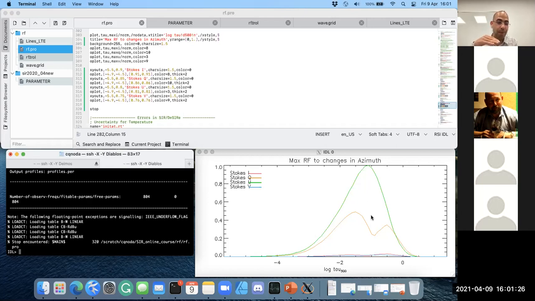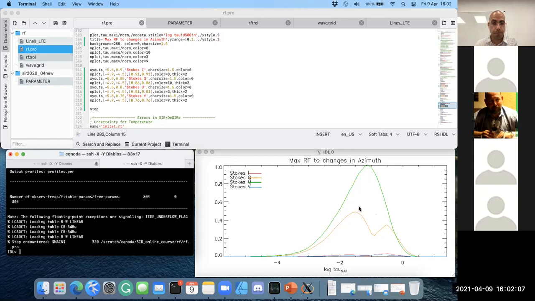Someone could ask why you need Q and U, but now you see that if you are checking the sensitivity to changes in the azimuth, they are much larger than I and V. So in other words, if you really want to cover all the atmospheric parameters, temperature, velocity, and the magnetic field vector, you need the 4 Stokes profiles. You need to have them well covered with a good spectral sampling, and if you have additional spectral lines, it's much better because you can expand this coverage.